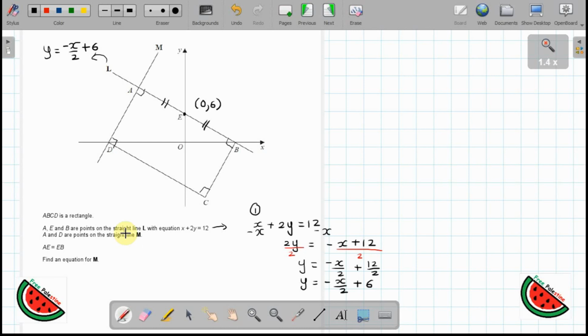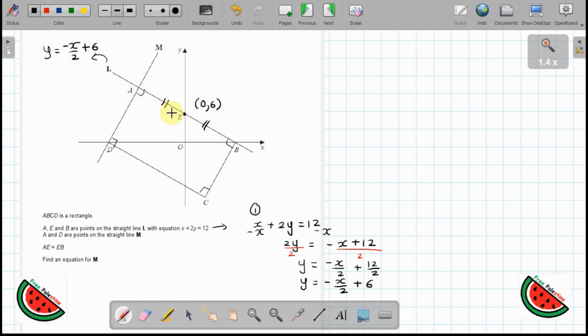Okay, that's fine. So what I'm going to do is find the coordinates of B, because B is the point where the line L touches the x-axis. So at that particular point, its y coordinate will be equal to 0.